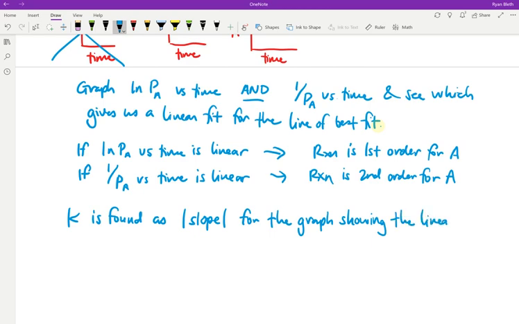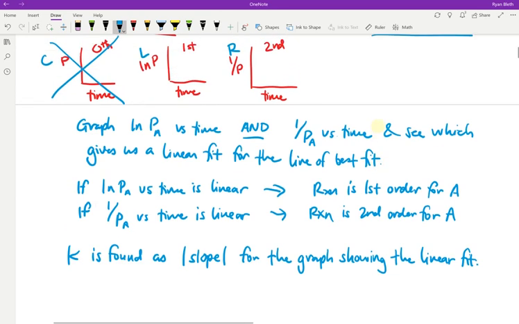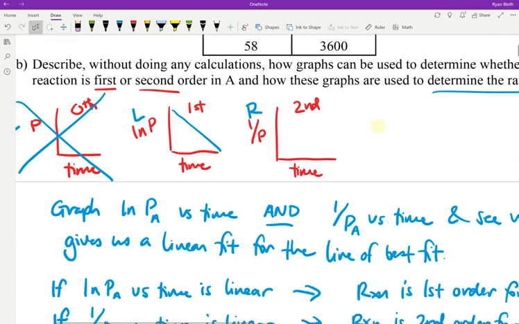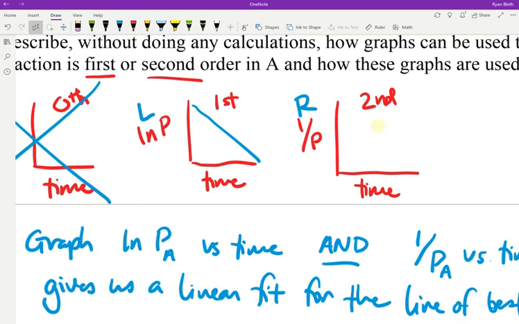So if we had a linear fit on our first order graph, then we would expect to see sort of a linear graph like that, and we would just find the slope of this line. And of course, in this case, this would obviously have a negative slope. And K is never a negative value.